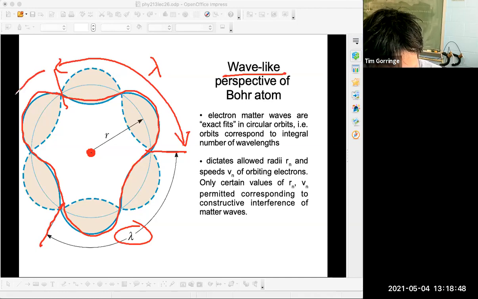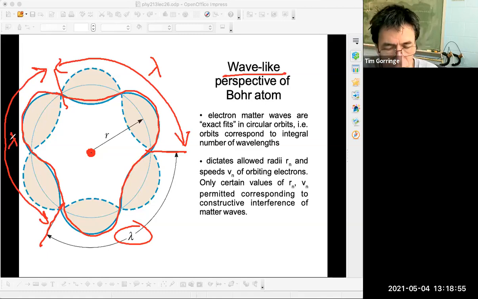And then around here, this is the third wavelength. And so we've got 3 whole wavelengths fitting in this particular orbit for this particular example of a Bohr matter wave atom. And so the idea is you can't have any wavelength for a certain size Bohr orbit.